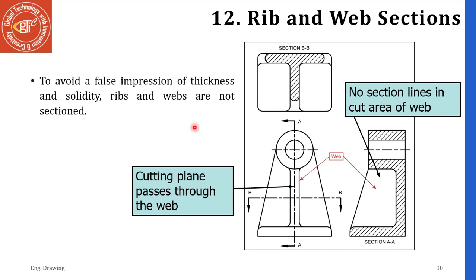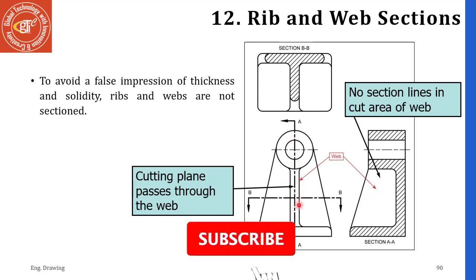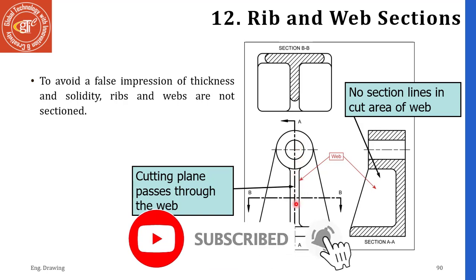Rib and web sections. To avoid a false impression of thickness and solidity, ribs and webs are not sectioned. Here you can see a section that passes through the web A-A, and here you can see the section at A-A. Here you can see no section line in the cut area of the web. This one is our cutting plane line that passes through the center of the rib or web.